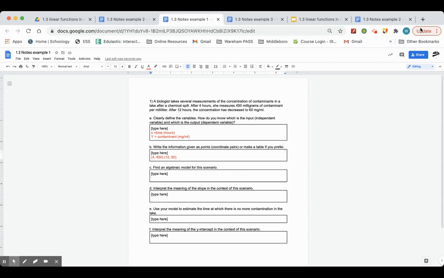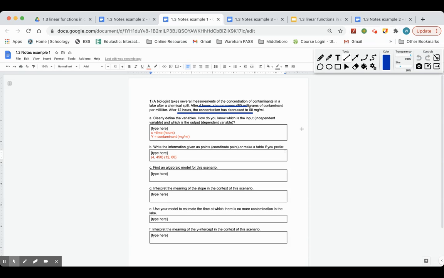So the first thing I'm going to do is find the slope, and remember it's change in y over change in x. So I'm going to take the difference of my y variables over the difference of my x variables. It doesn't really matter which point you start with. So I can subtract 450 minus 60, because that's my y.